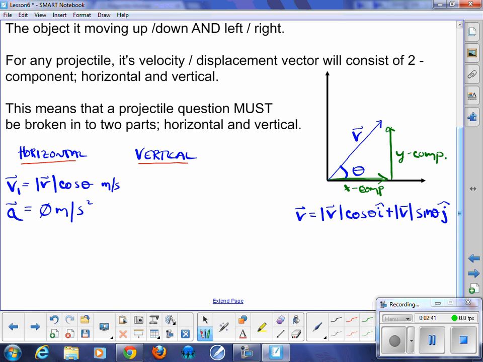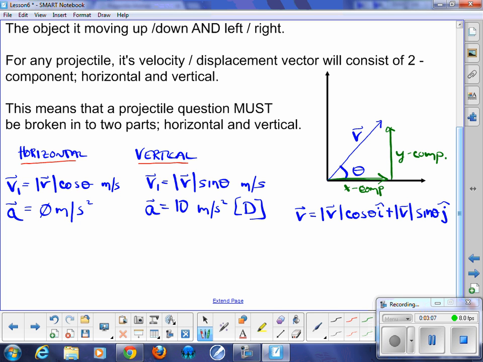In the vertical, your v1 will be the magnitude of the velocity sine theta, in meters per second. And our acceleration, we're using 10 this year, now it's simple, 10 meters per second squared, and that's always down. Those are always true for the grade 12 course. So there are your components.